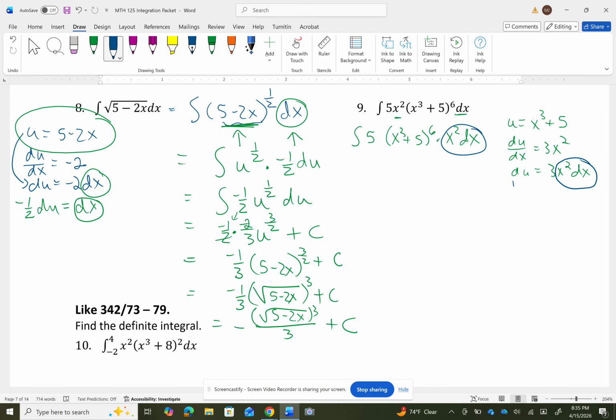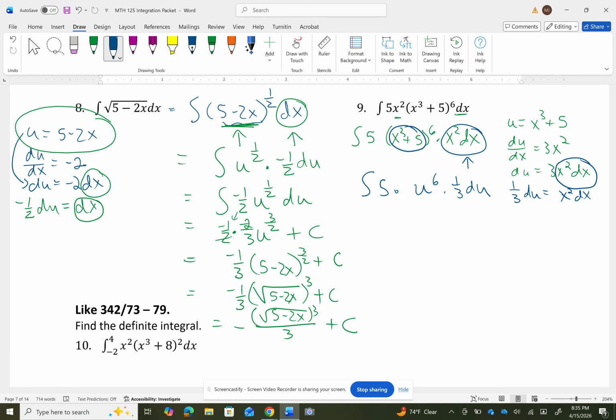And what I notice is that 1/3 du would equal x squared dx. I can get rid of that 3 by dividing by 3 or multiplying by 1/3. So then this can be replaced with 1/3 du. The x to the 3rd plus 5 is what I was calling u. And the 5 was part of the original problem to start with.